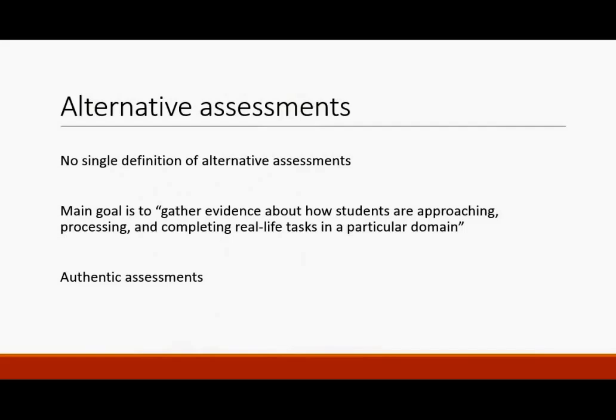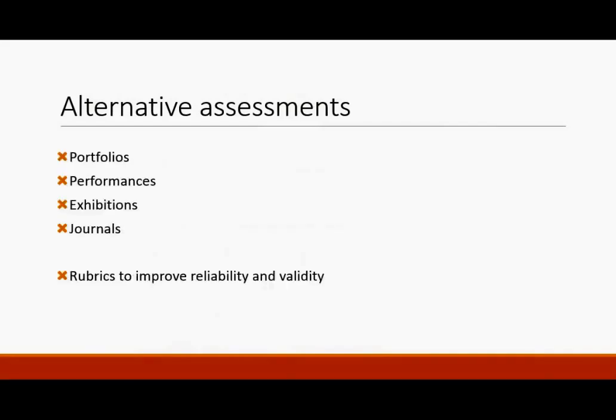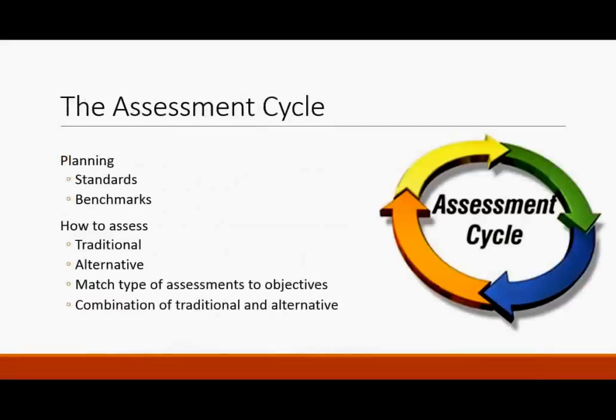That is what we're talking about with an authentic assessment, truly testing your ability to go out there and do this process, actually measuring not what you know, but doing a task that exemplifies what you know. Alternative assessments may include these things: portfolios, performances, exhibitions, journals. And again, rubrics can improve reliability and validity.